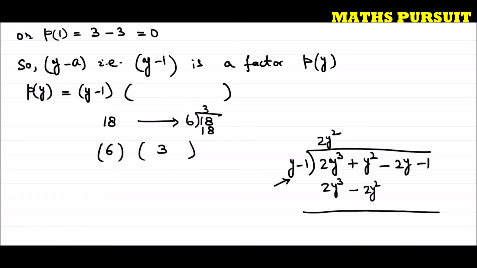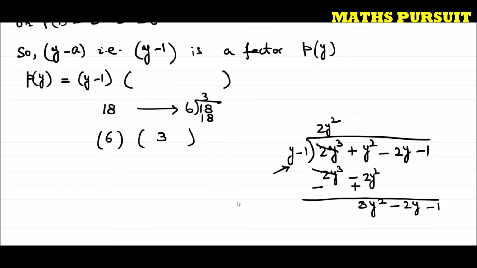Now let us subtract this. We very well know how to do a division. So plus symbol will change to minus and minus symbol will change to plus. 2y to the power 3 minus 2y to the power 3 cancels out, and we are left with y to the power 2 plus 2y to the power 2, which is 3y to the power 2 minus 2y minus 1. This is what we got.